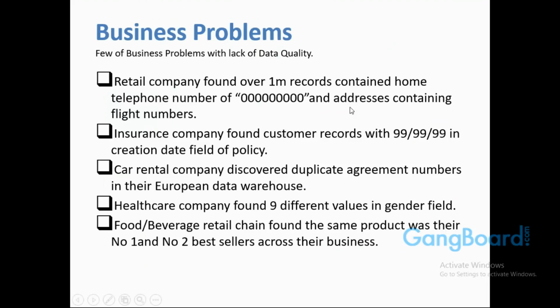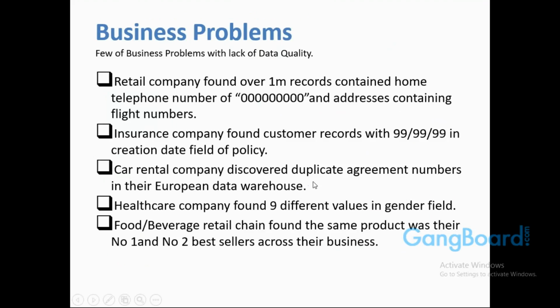In the future classes, we will see how to use it. An insurance company found customer records with 999 in the creation date. Is it possible for a policy to be created with a 999 date? No, these are the problems to business.